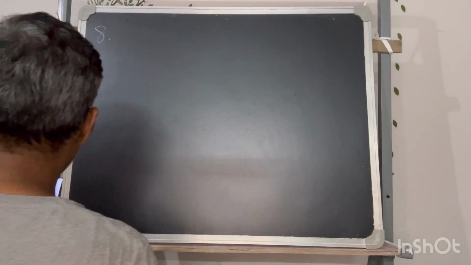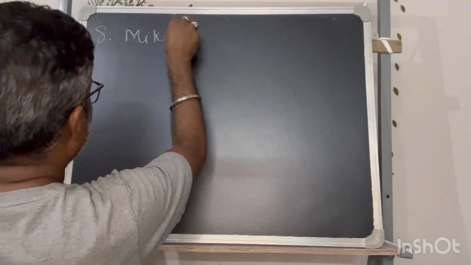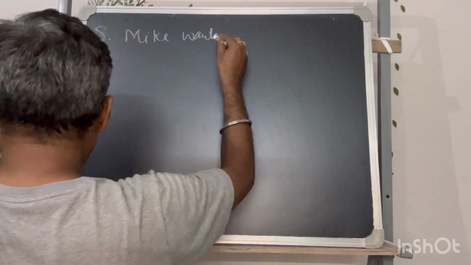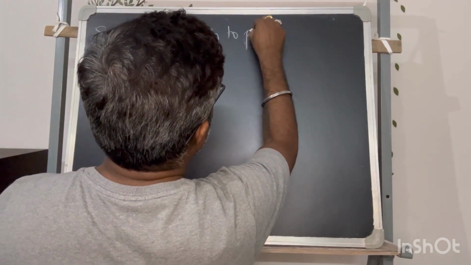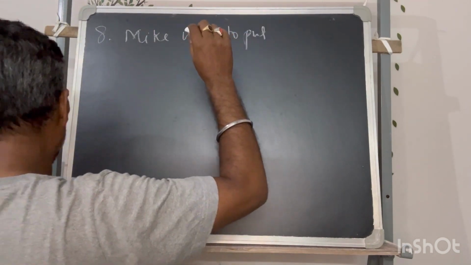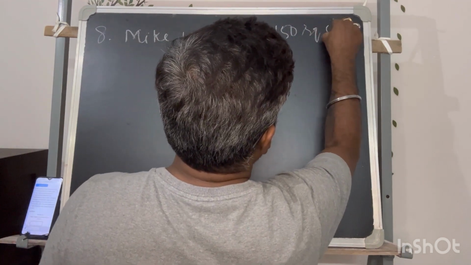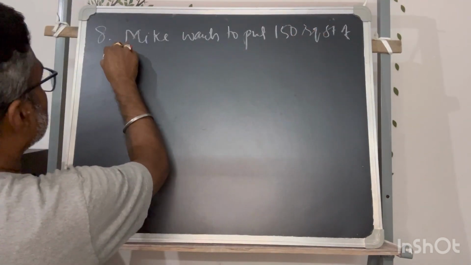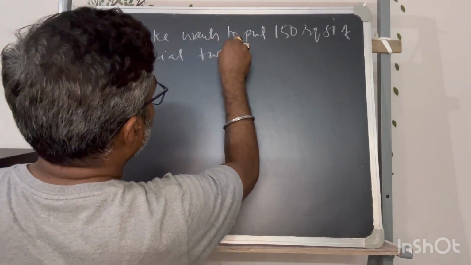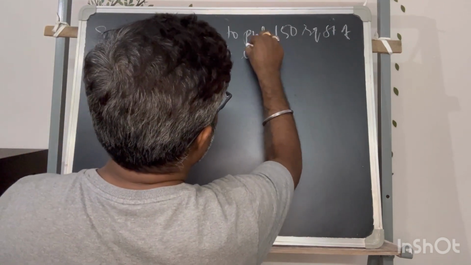Mike is a character. Mike wants to put 150 square feet of artificial turf in his front yard.